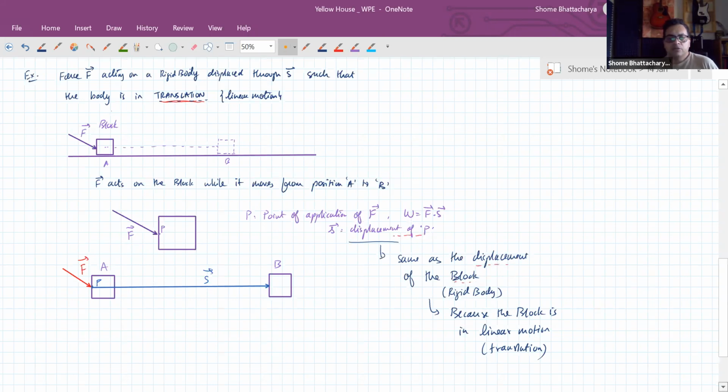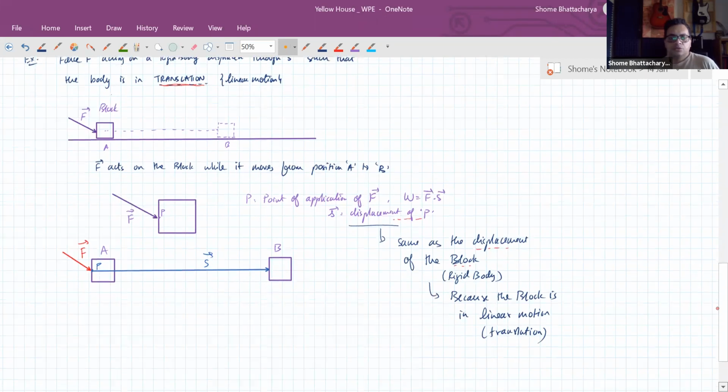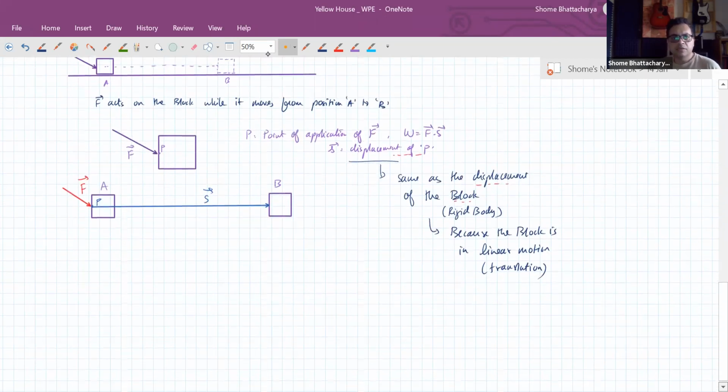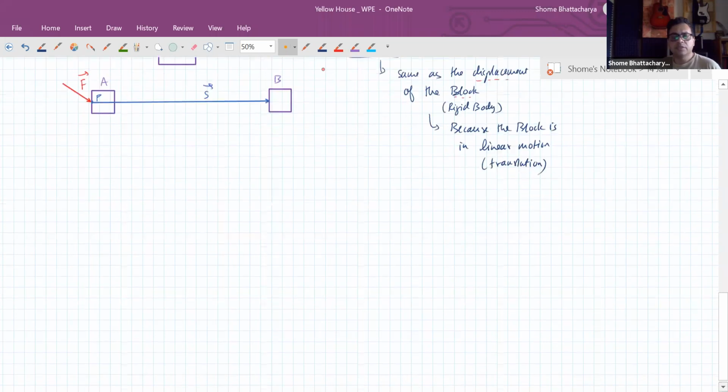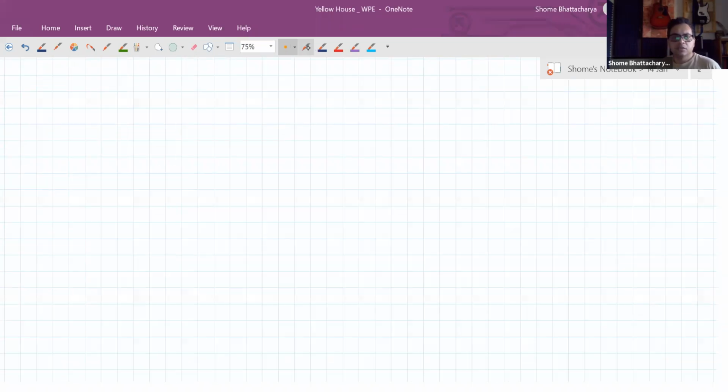However, for future chapters, you should be aware that in case the body is in rotational motion, or it is in a situation where it's not a rigid body, the situation can become such that the point of application is different from the center of mass of the body's displacement. Okay, the displacement of the point of application can become different.